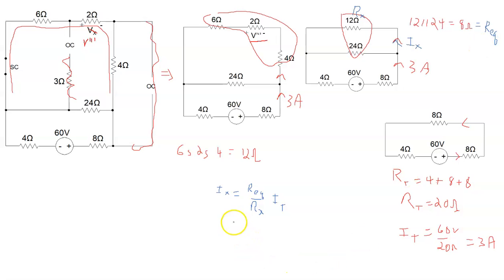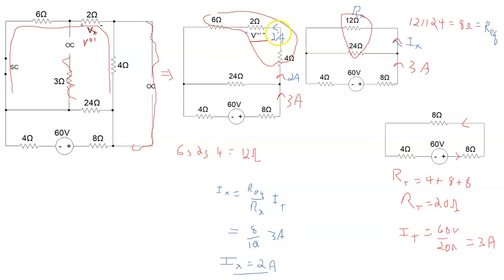So IX then will be 8 divided by 12 multiplied by IT, which was 3 amps, and IX is 2 amps. So that means that in this circuit here we have 2 amps, and so we have right here 2 amps.